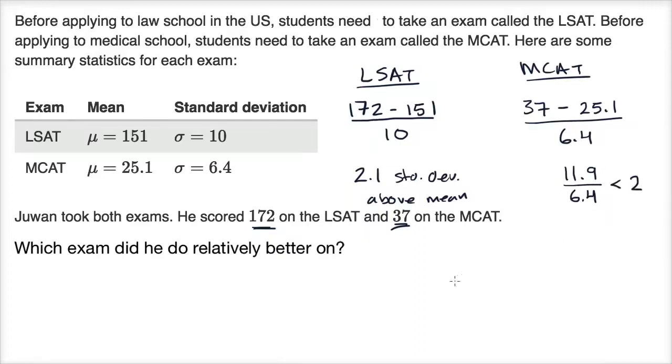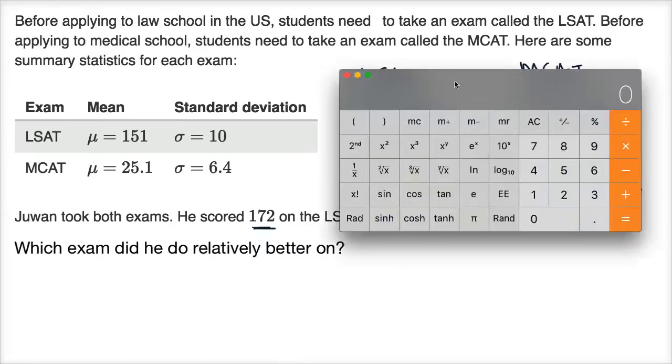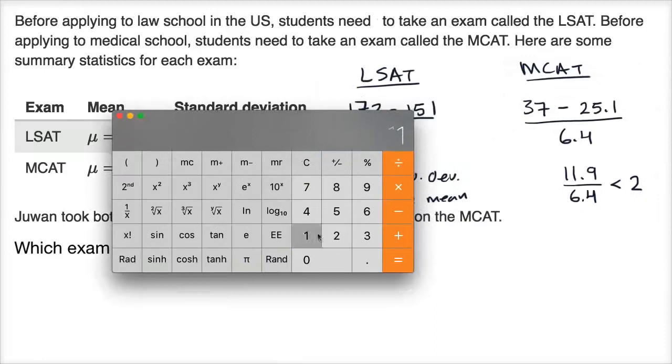This is going to be less than 2. So based on this information, we could figure out the exact number here. In fact, let me get my calculator out. So if we do 11.9 divided by 6.4, that's going to get us to approximately 1.86.